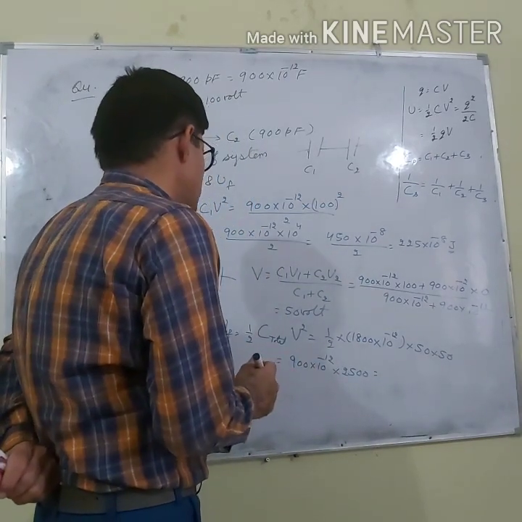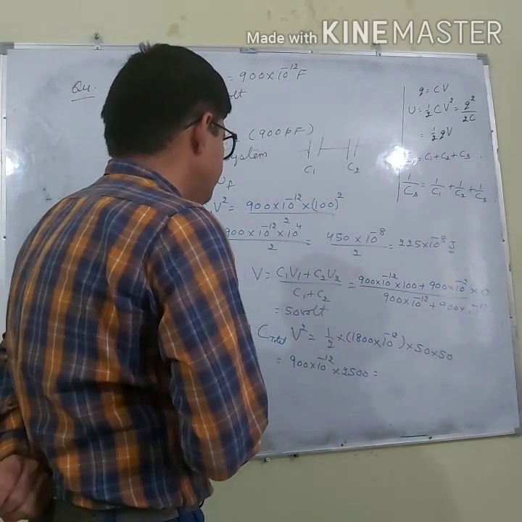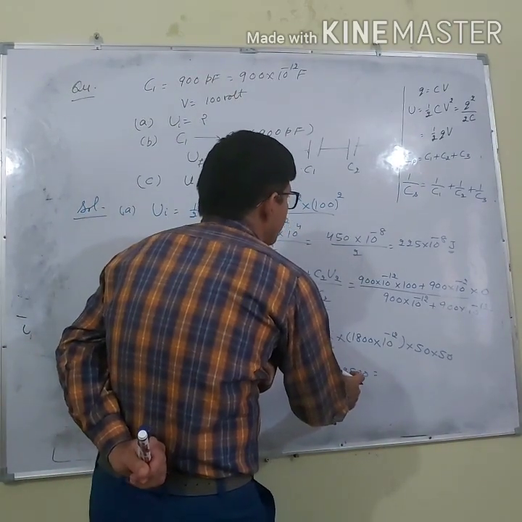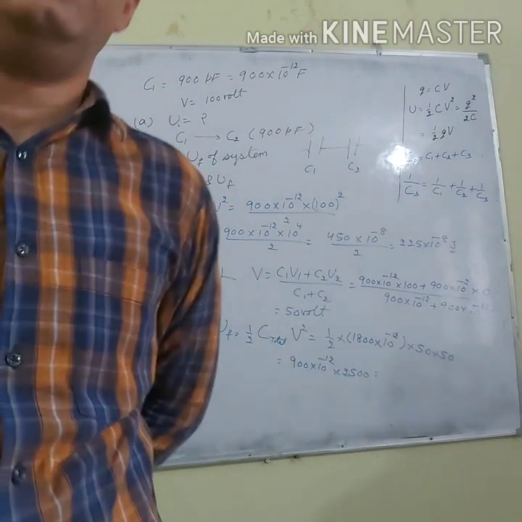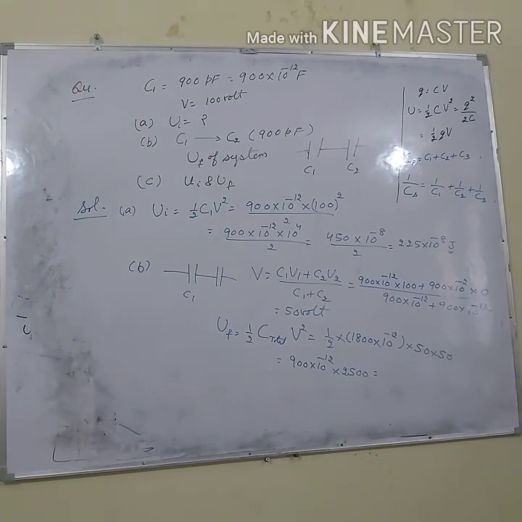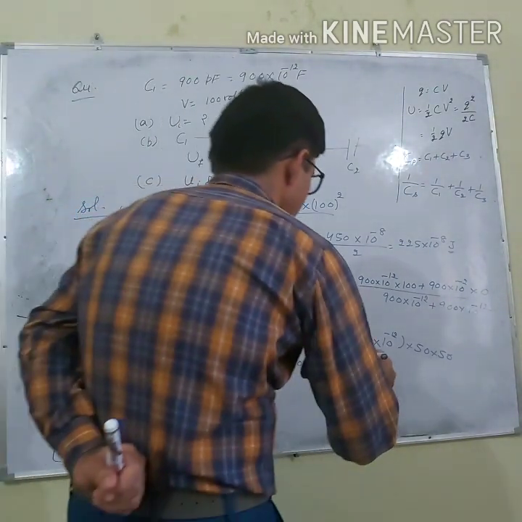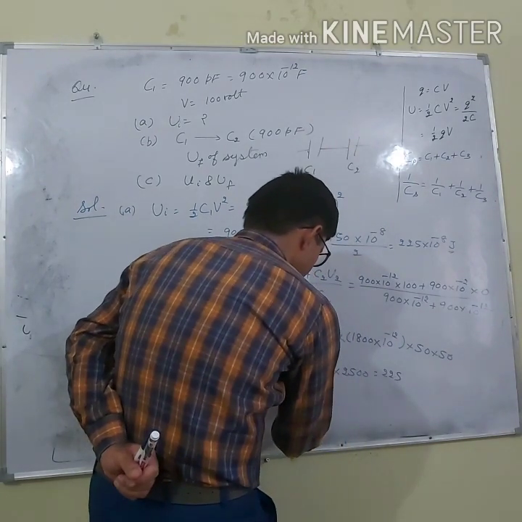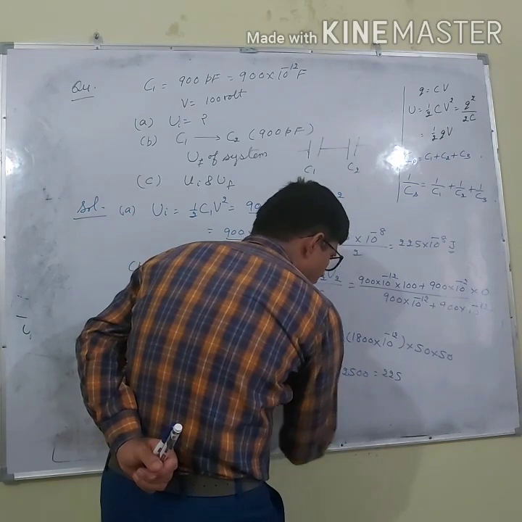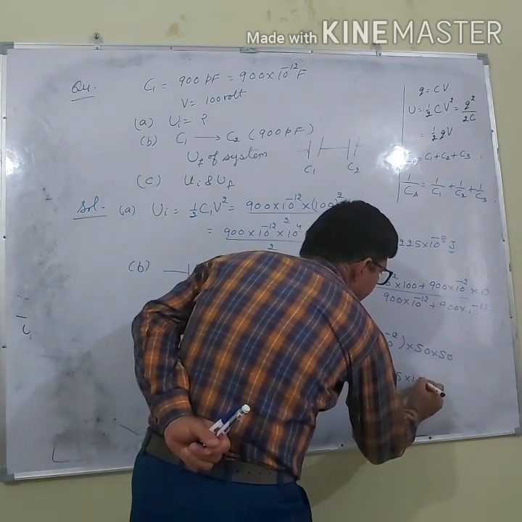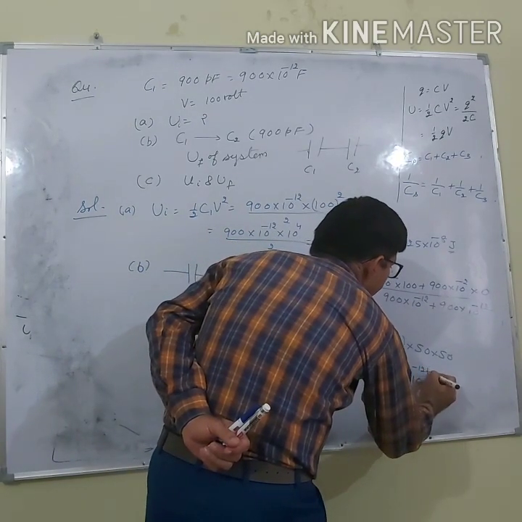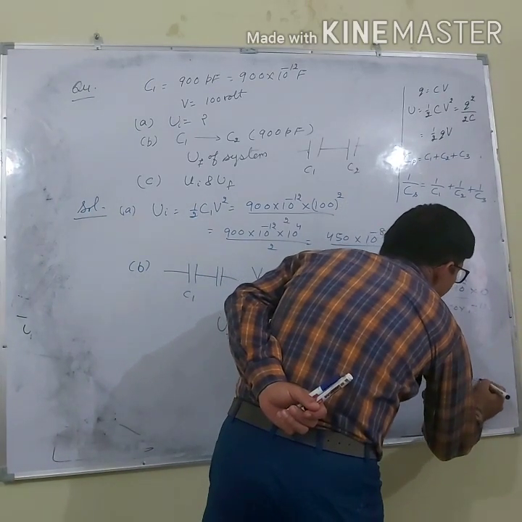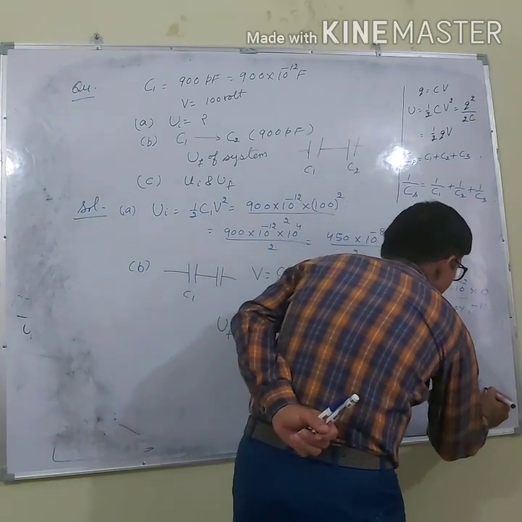25 nines are 225. So it will be 225. How many zeros are there? 2, 4, multiplied by minus 12 plus 4, 225 multiplied by 10 to the power minus 8 joule.